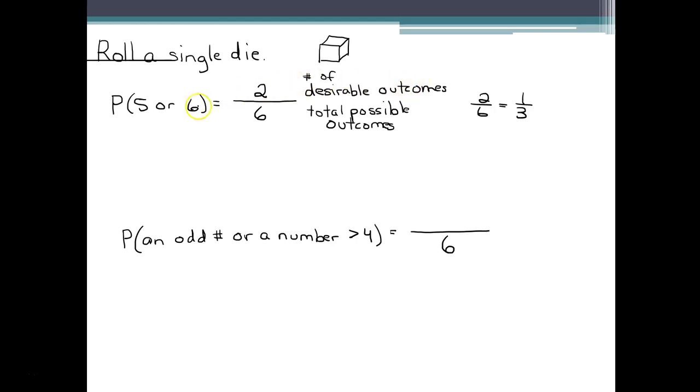And when you think about rolling the die, you have odd numbers. You can get a 1, a 3, or a 5. Those are your possible odd numbers because it has 1 through 6 on it. And then number greater than 4 would include 5 or 6. So 5 appears in there twice, but it's only one desirable outcome. We have 1, 2, 3, 4 distinct desirable outcomes.